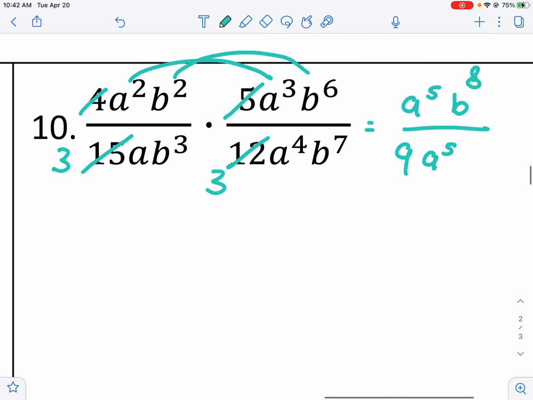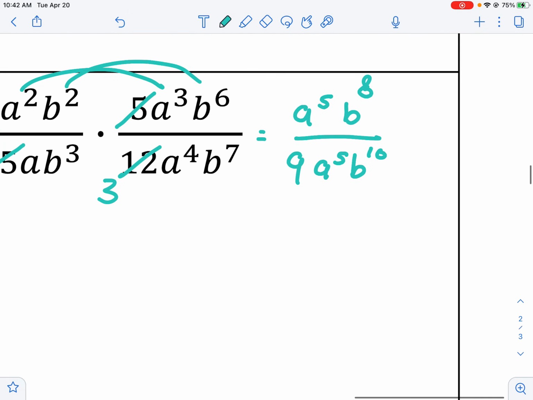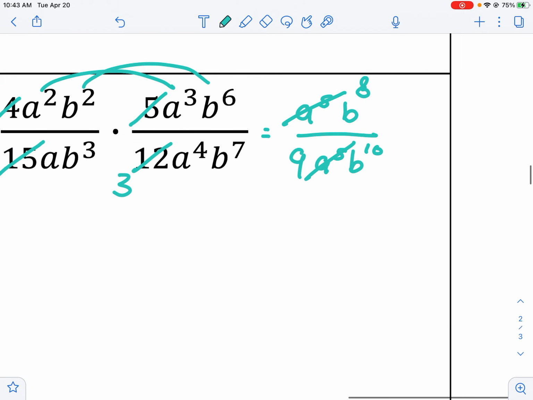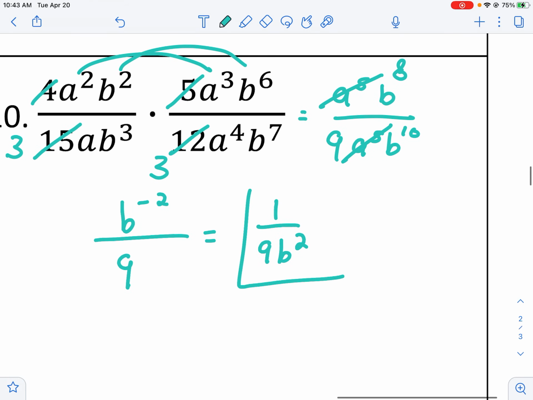A and a to the 4th is a to the 5th. B to the 3rd and b to the 7th is b to the 10. A to the 5 and a to the 5 cancel because they're the same. B to the 8 and b to the 10, that's subtraction. So that would give us b to the negative 2 over 9, right, which gives us 1 over 9b squared. You could also think of this as 8 b's and 10 b's, so there would just be 2 b's left in the bottom, which would be right there.